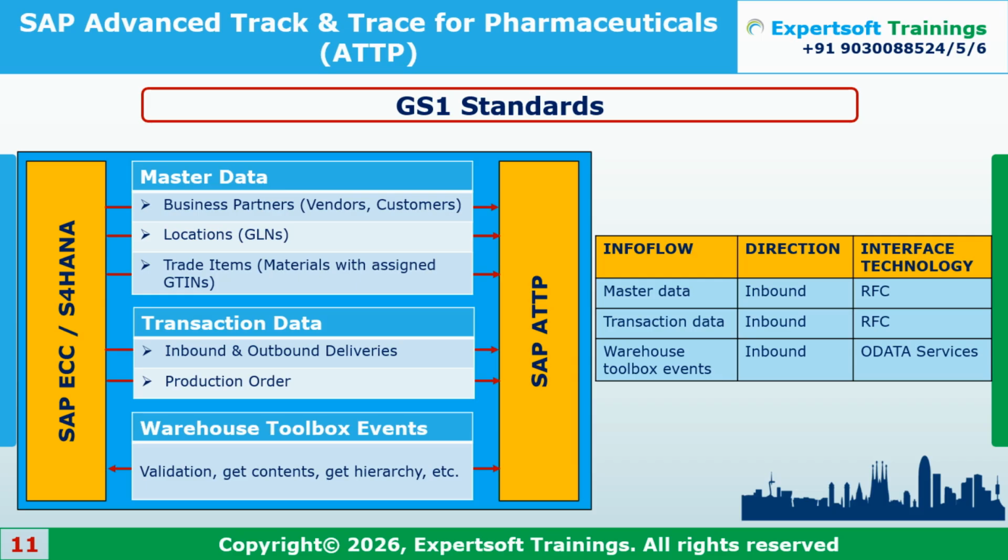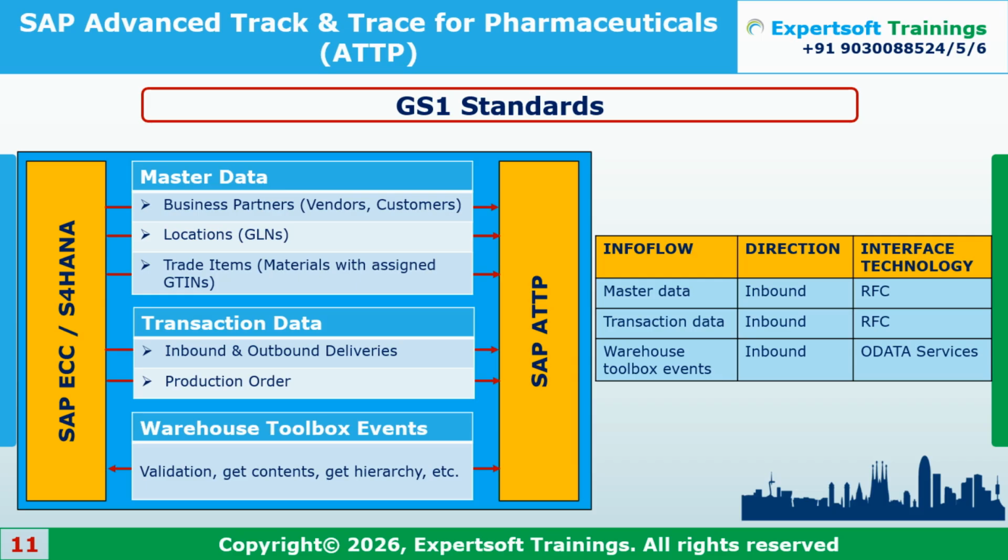Vendors or customers should be identified in ATTP with a GLN, which is the global location number. A global location number is 13 digits, and that GLN should be encoded with the company prefix. How do we encode the GLNs for a business partner like a vendor or customer? We will talk more on that.